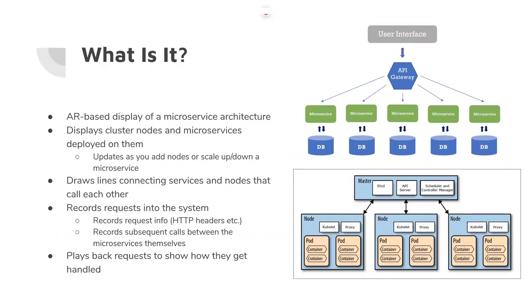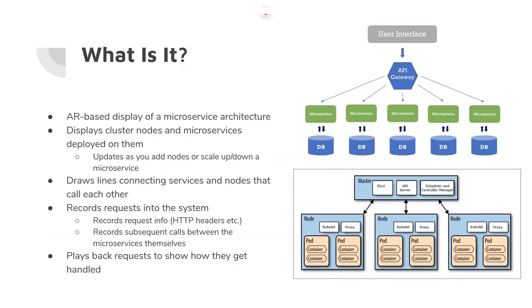And then it updates. So if you add a node to the cluster, it'll show you that conceptually, or if you take one out, or if you scale up or scale down a microservice or deploy a new one, it'll show up there. And then it'll draw lines connecting those services and nodes to each other if they make a call. So microservices that are dependent on each other will have a call line between them.